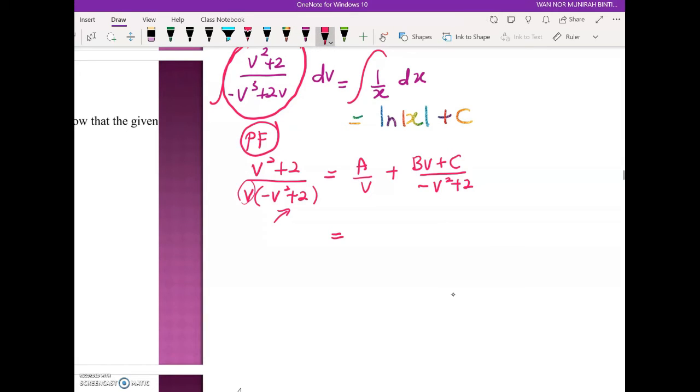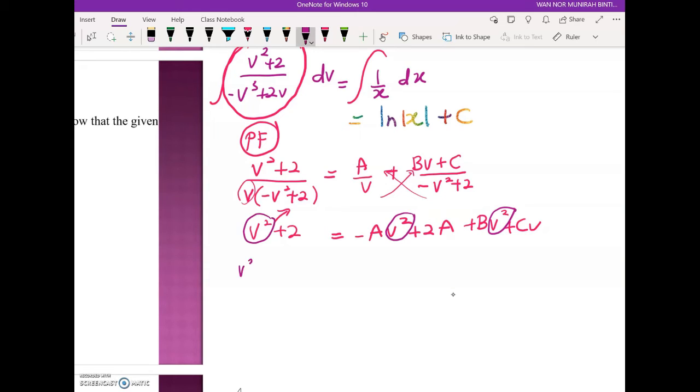I just cross multiply, so I have negative av squared plus 2a. This one, cross multiply and then cross here, so I have plus bv squared plus cv, while my left hand side I have this one. So what I do here is I want to check the same term for v squared.